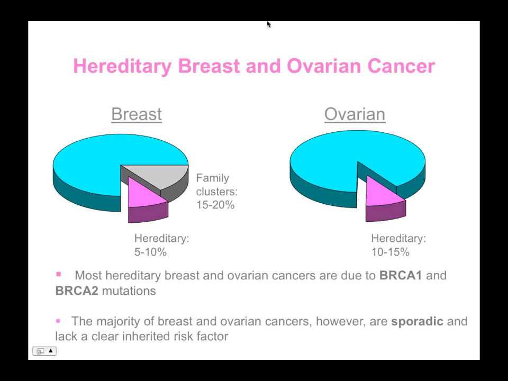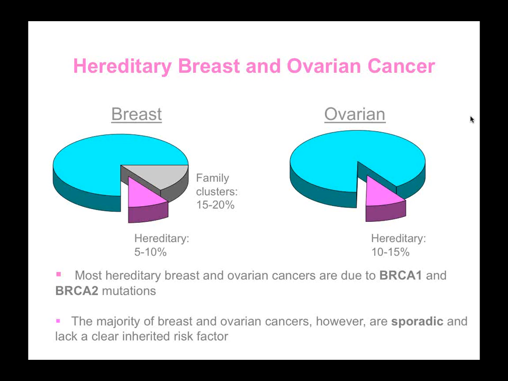So if you look at hereditary breast and ovarian cancer, we know that most hereditary breast and ovarian cancers are due to inherited changes in BRCA1 and 2. But if you look overall at the breakdown, you can see that the majority of breast and ovarian cancers actually are what we would call sporadic. So they lack a clear inherited risk factor.